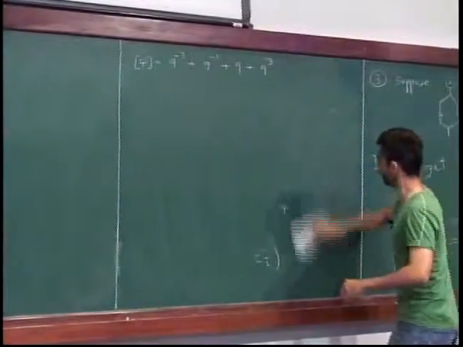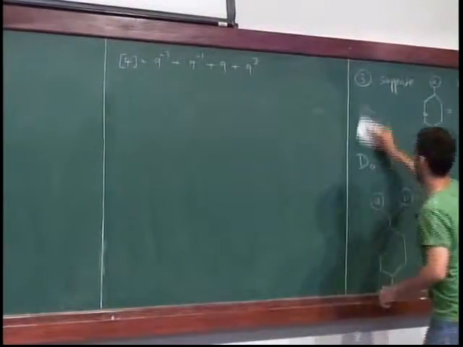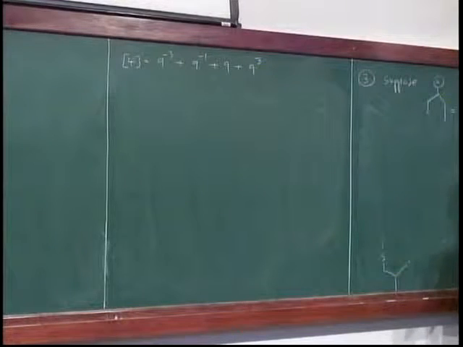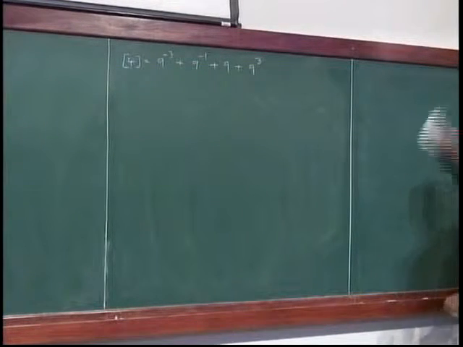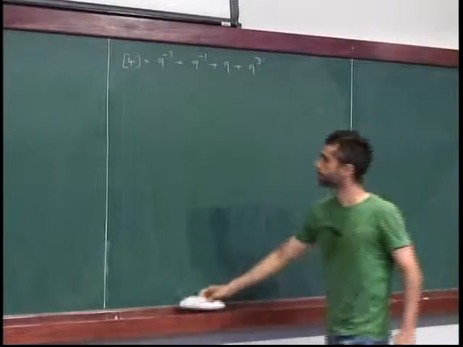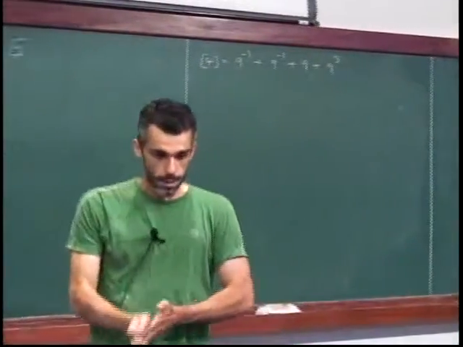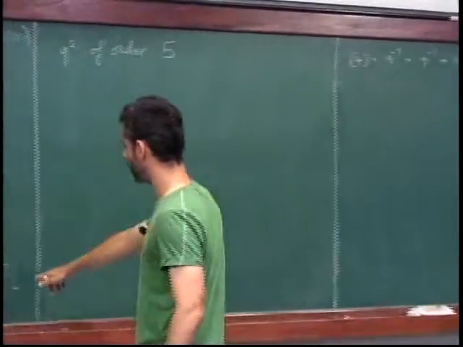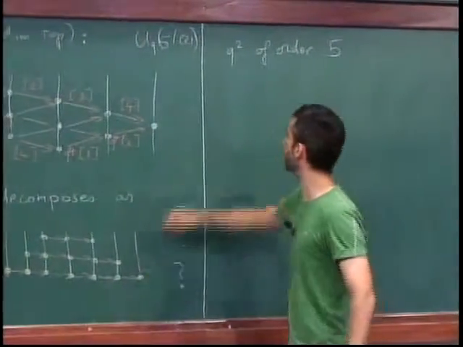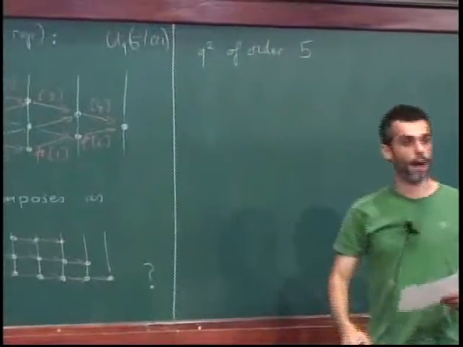But so, well, let's look at the 7-dimensional module and see what it looks like when q squared is of order 5.